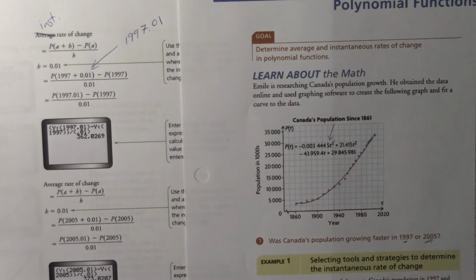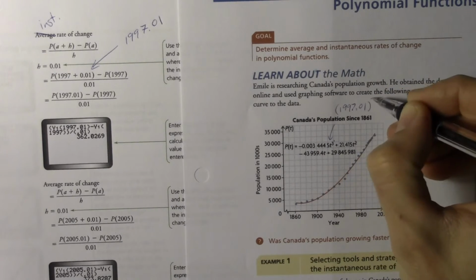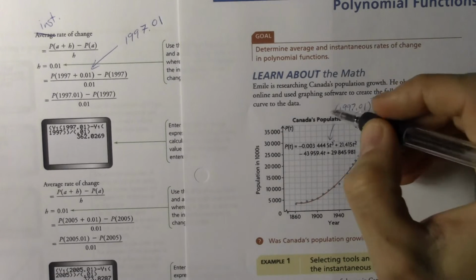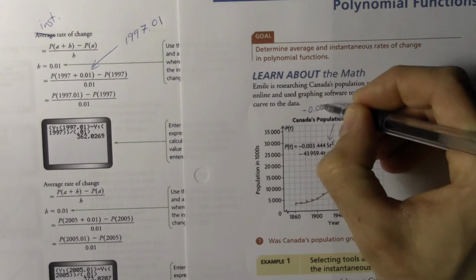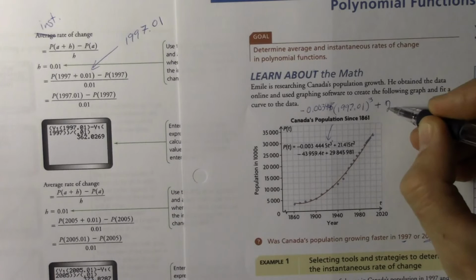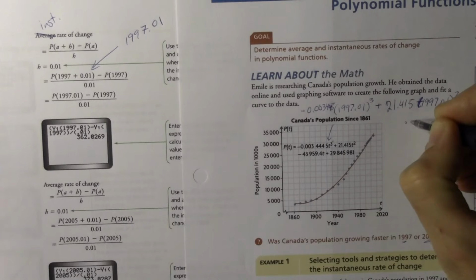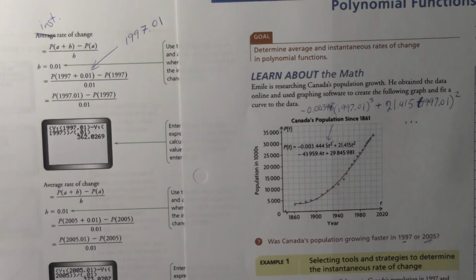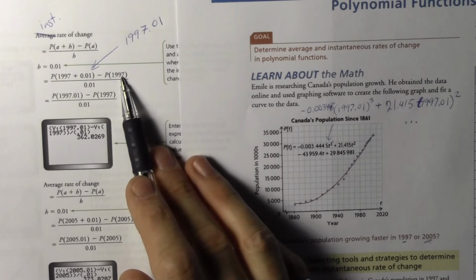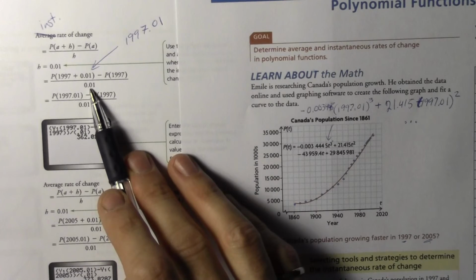So it would be 1997.01 cubed, negative 0.003445 times that, plus 21.415 times 1997.01 squared, and so on. Then minus that same substitution of 1997 in for t, all over 0.01.